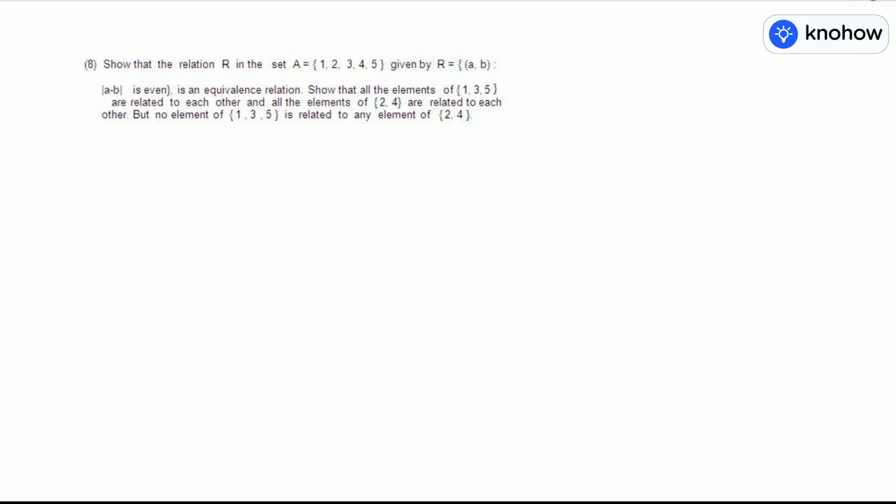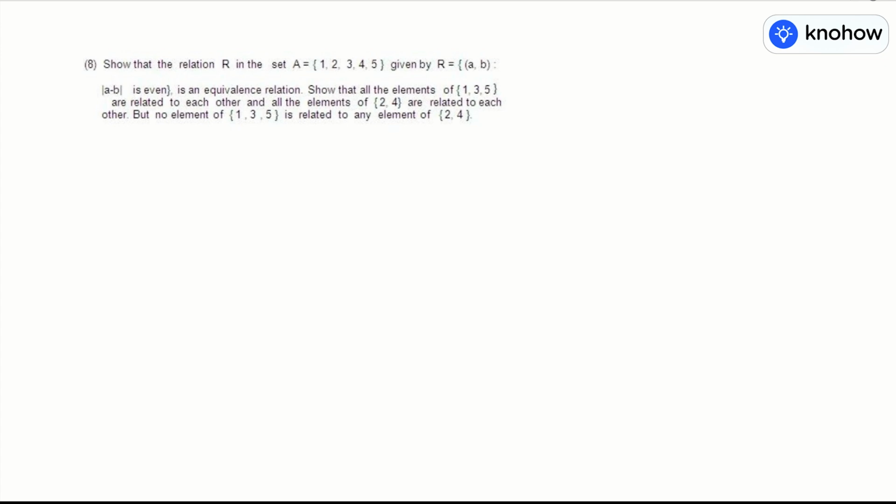Such that all the elements of {1, 3, 5} are related to each other and the elements of the set {2, 4} are related to each other. But no element of {1, 3, 5} is related to any element of {2, 4}. Okay. So this is a kind of sum we have already done in the introduction part in example 4 and 4 dash. But I'll do it for you.